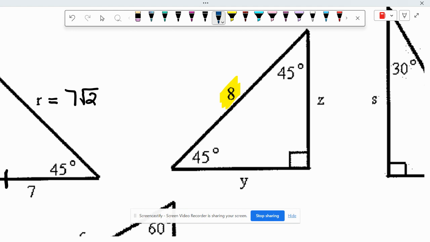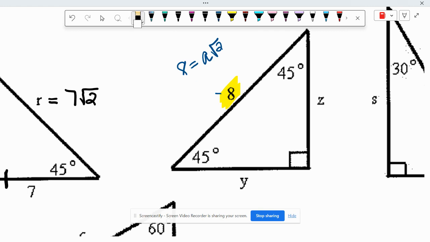Tell me exactly what you wrote. The rule is hypotenuse equals A times the square root of 2. So 8 equals A times the square root of 2 because 8 is the hypotenuse. Does that make sense? I'm just using the rule.